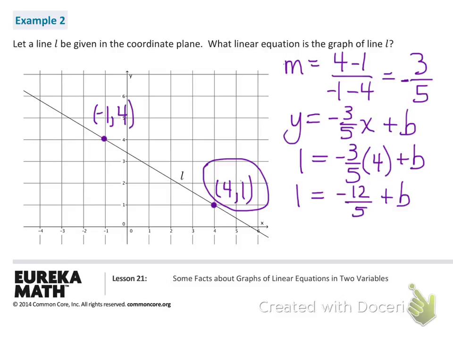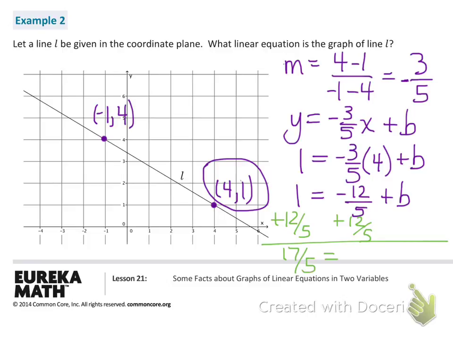Okay, so to get rid of the 12/5 on the right-hand side of the equation and solve for b, I need to add it. So I'm going to add 12/5 to both sides, and this becomes 5/5 plus 12/5, which is 17/5.